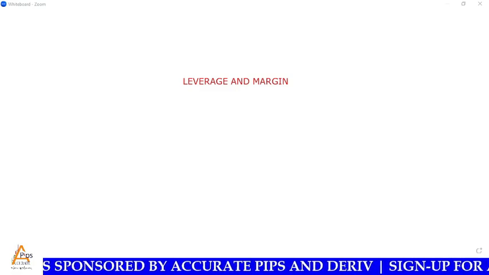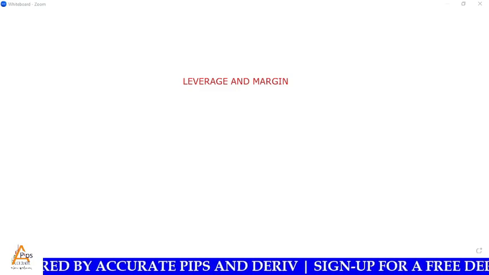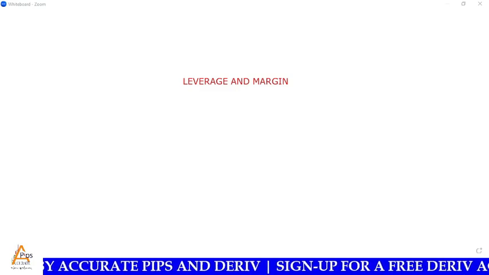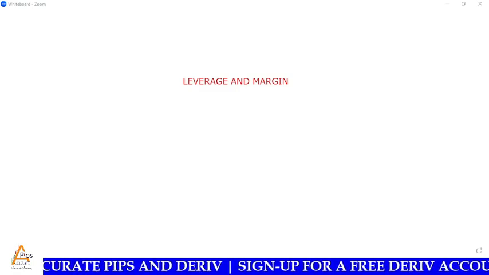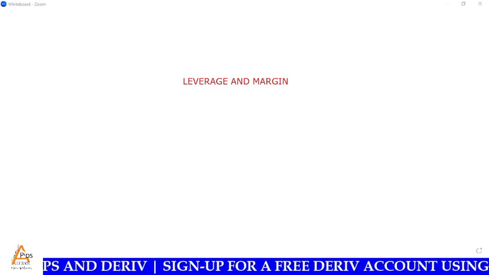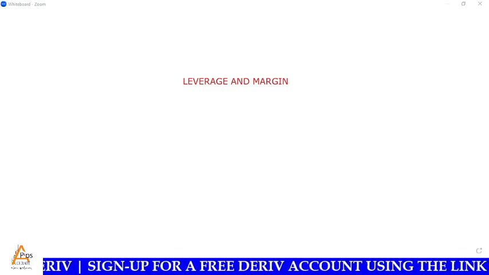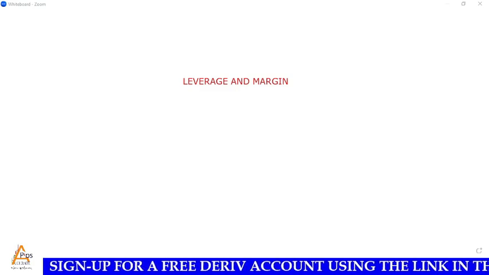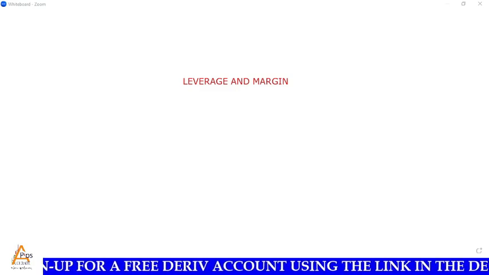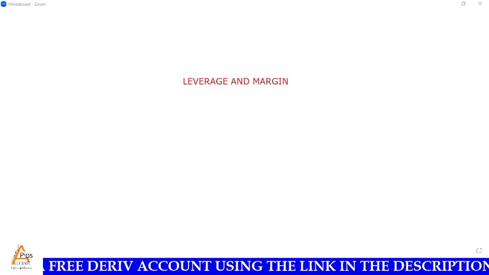It's not your personal money, it's just money that the broker lends you to use for your trading. Either you make a small deposit and trade with it, or there are also brokers that give what we call a welcome deposit bonus, a sign-up bonus that you can use to trade. They have terms and conditions.